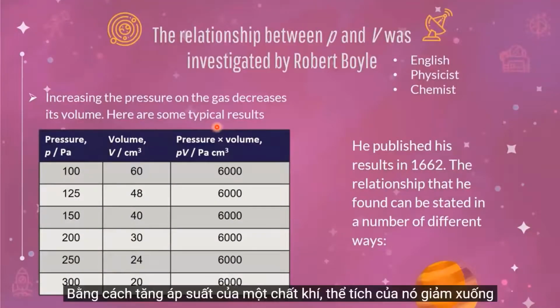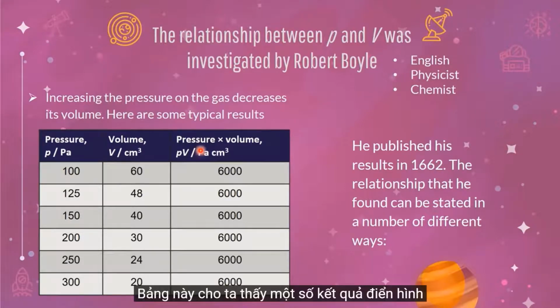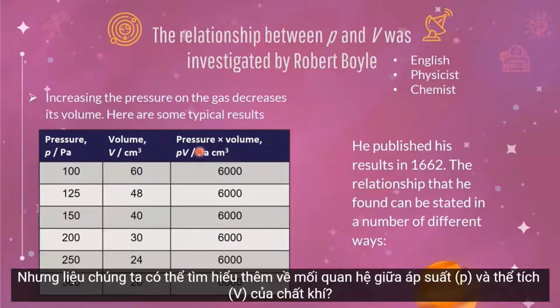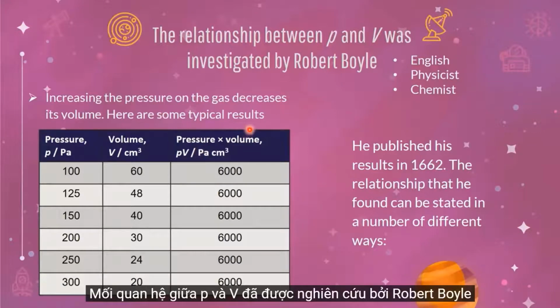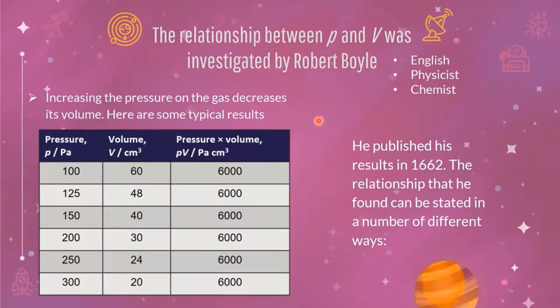By increasing the pressure on the gas, its volume decreases. This table shows some typical results. But can we find a mathematical relationship between the pressure P and the volume V of the gas? The relationship between P and V was investigated by Robert Boyle, an English physicist and chemist.